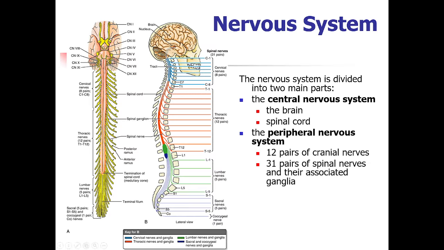So how do spinal nerves run? A pair of spinal nerves starts from a segment of the spinal cord and runs out through the intervertebral foramina. Yes? That's about spinal nerves. We have 31 segments of spinal cord, so we have 31 pairs of spinal nerves.